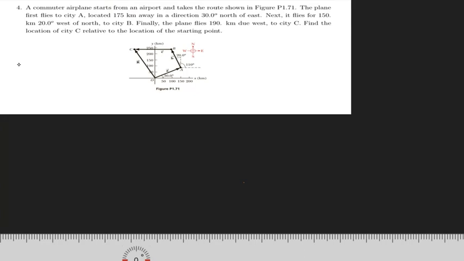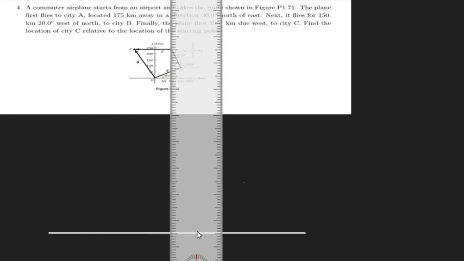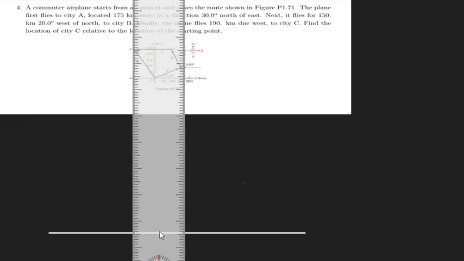That is our compass, and this is how the compass is. I just want to draw it a bit for you so that you will be able to see how we are going to solve this question the simplest way.